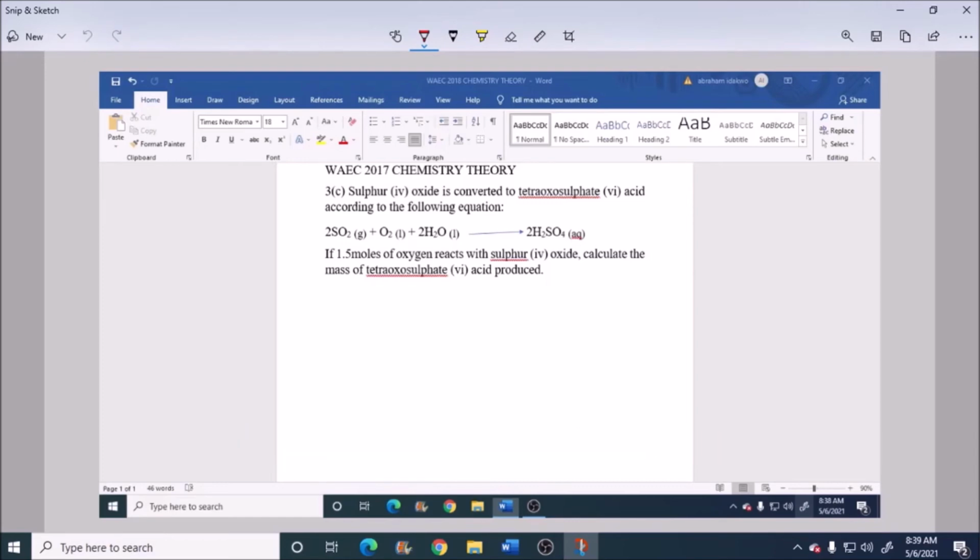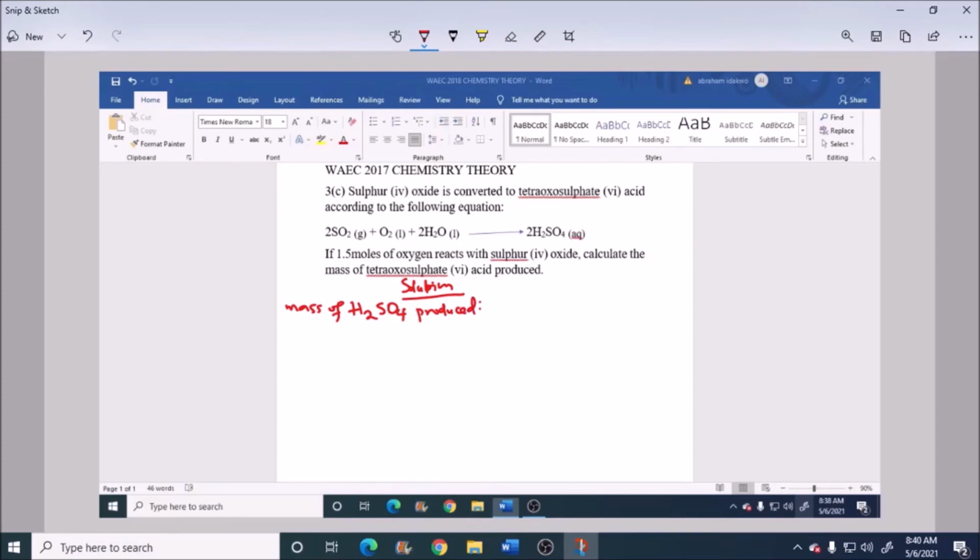So, solution: we are asked to calculate the mass of tetraoxosulfate(VI) acid, that is H2SO4, produced.